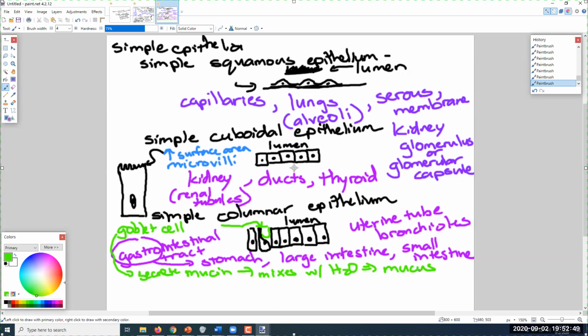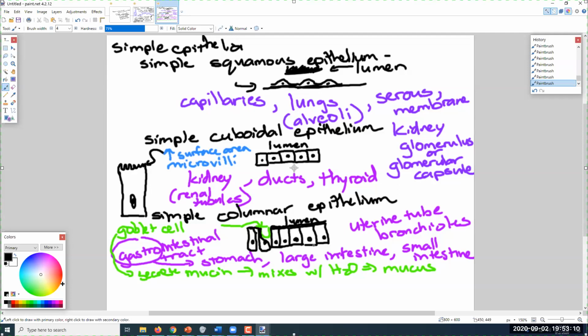So if I were to draw the microvilli, it's going to be a very small layer here. You could barely see it. It's just a little bit darker in color. That's the microvilli.